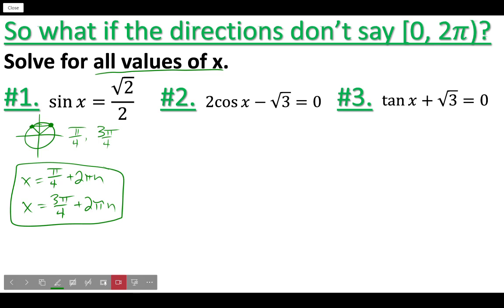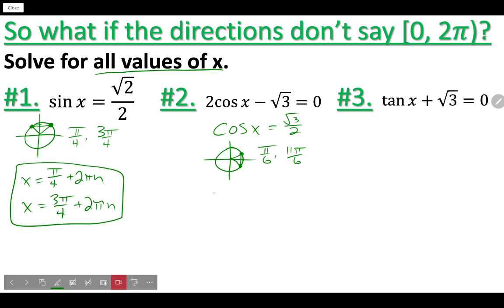All right, number 2, we're going to fly through again. So I'll add root 3 over and I'll divide by 2 to really quickly get me cosine of x equals root 3 over 2. And then again, I'll think about my unit circle. Where are those solutions? That's going to be these two solutions, specifically pi over 6, 11 pi over 6.